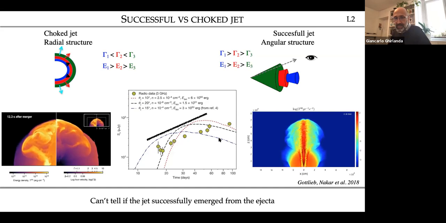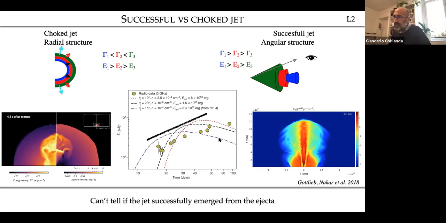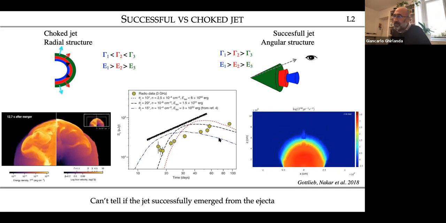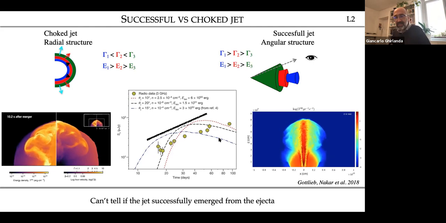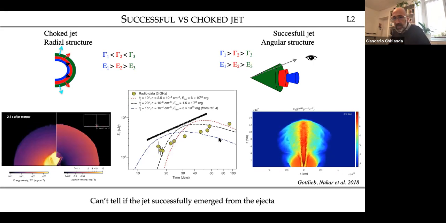And then the other point is that if you just think about the deceleration that we discussed yesterday, one of the key parameters is, of course, the energy of the jet and the external density of the medium, okay?